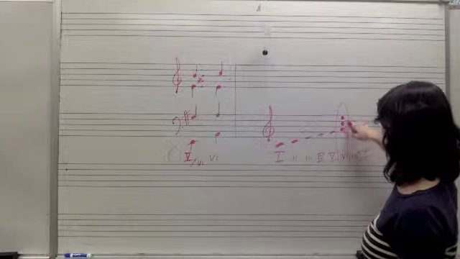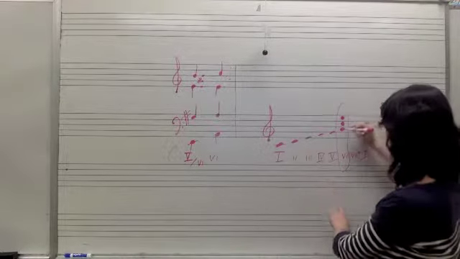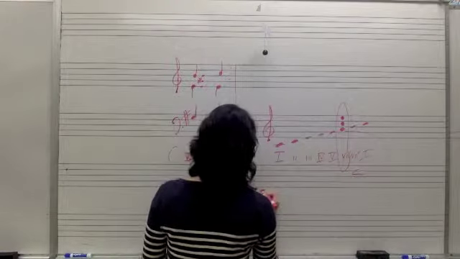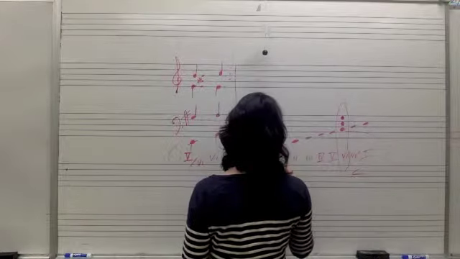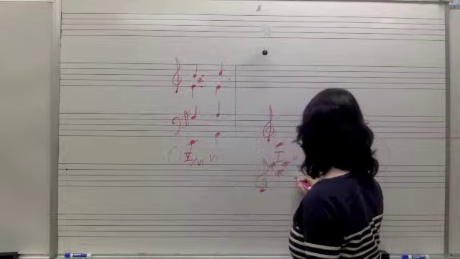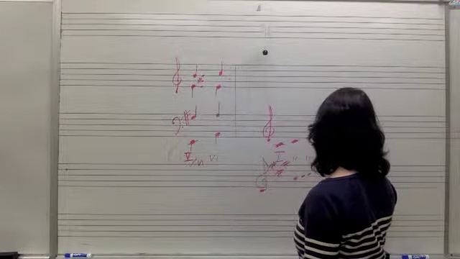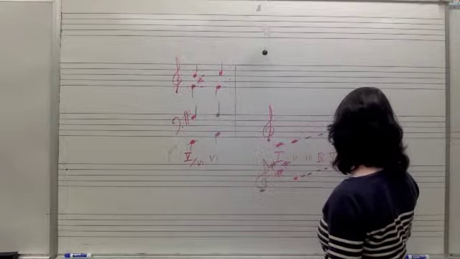And then the 5th of this chord, so we take this guy, make a new scale starting on A major. So A major is 3 sharps, F sharp, C sharp, G sharp. A, B, C, D, E, F sharp, G sharp, A. Sorry, it's going to get a little messy.